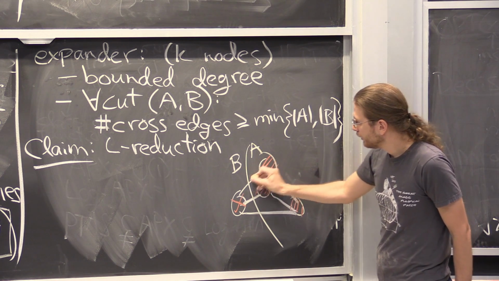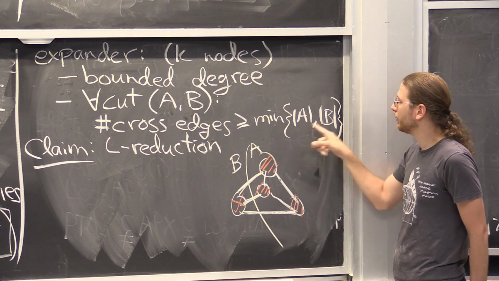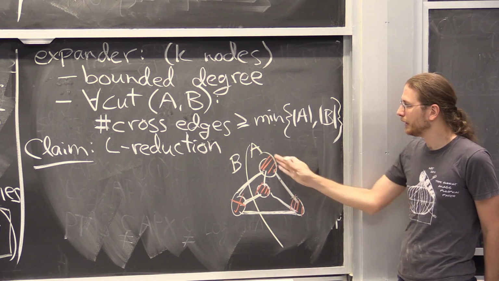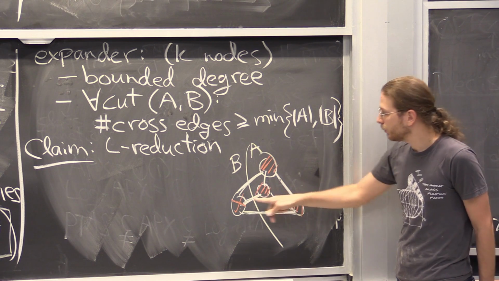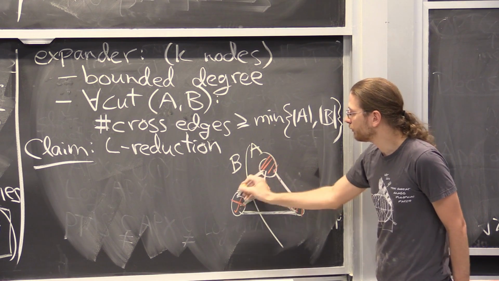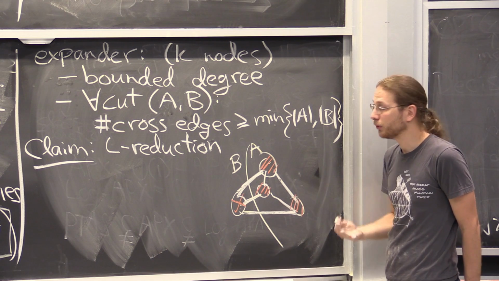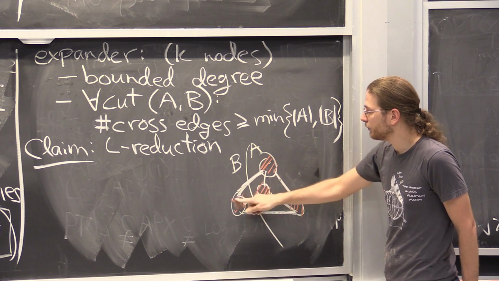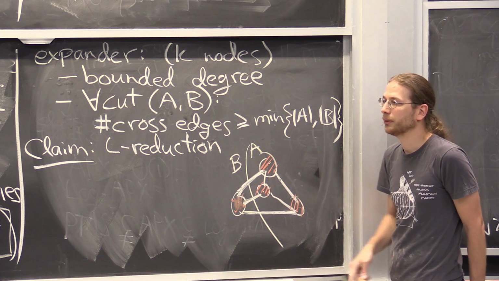I claim the number of edges here is big. It's at least the minimum of A and B. Now, what we were doing is taking the minimum of A and B and recoloring that side to be the other side. When we do that, we have these constraints, which are supposed to be equality constraints. These things are supposed to be equal, but they weren't before. Before I recolored this, at least one constraint here was violated because one of them was red, one of them was black.